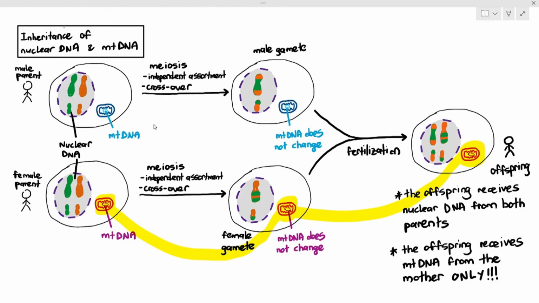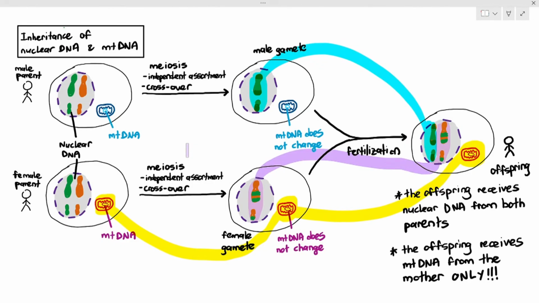For example, the nuclear DNA over here, I'm just highlighting it, from the male, and the mitochondrial DNA is passed to the offspring only from the mother, by the way. But for the nuclear DNA, the male gamete from the male parent goes over there, and the female gamete from the female parent goes over there.